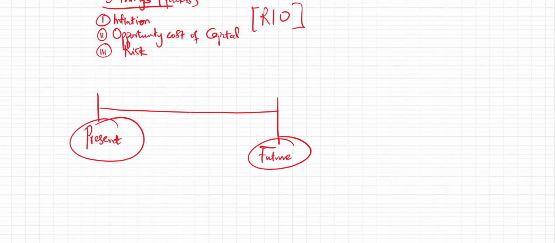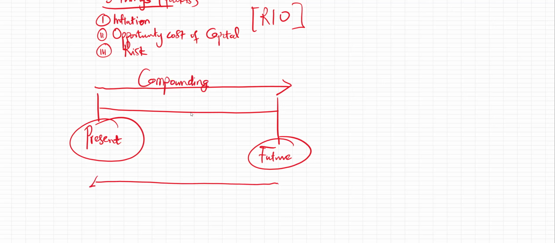Now, if I am moving from the present to the future, the technique is called compounding, because I'm adding up. When I'm moving from the future to the present, the technique is called discounting.